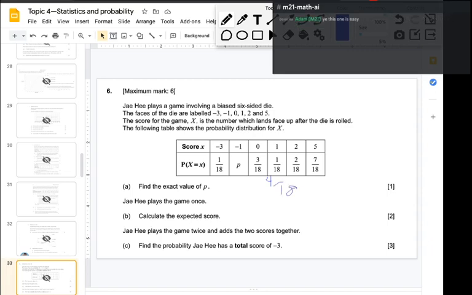Multiply them all and add them all, and you will get 1.83.